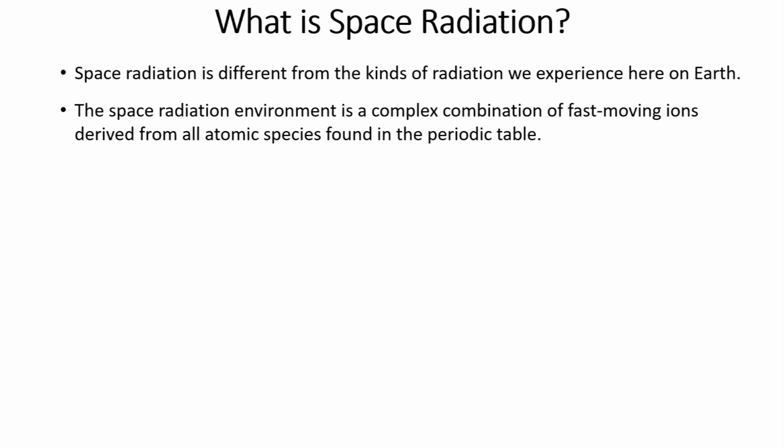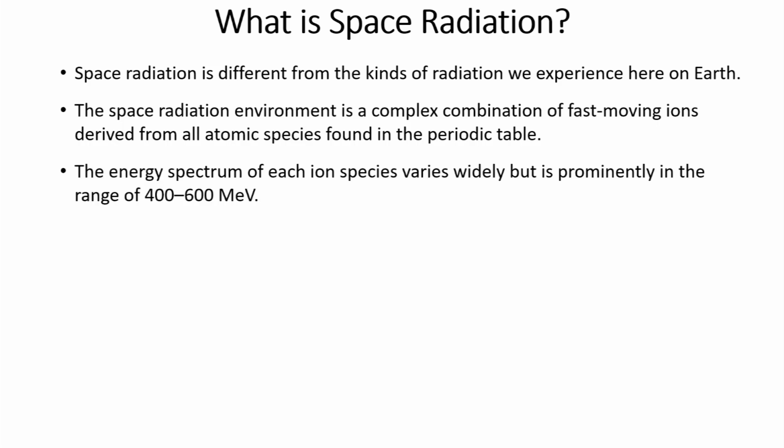The energy spectrum of each ion species varies widely, but prominently this is the range. It can be even lower and it can be higher, even giga electron volts, but mainly this is the prominent energy range of those energetic ion species.